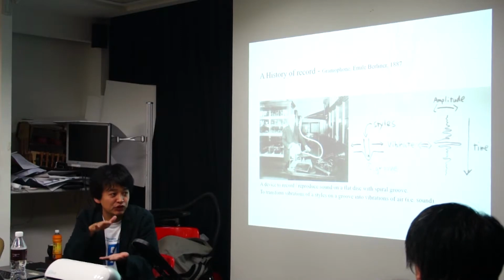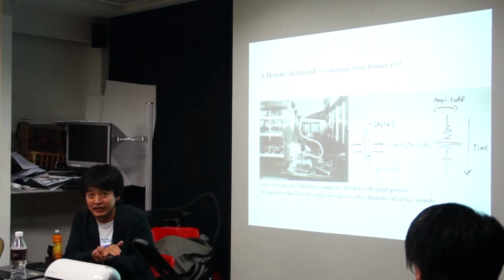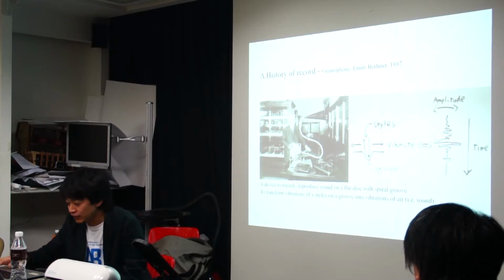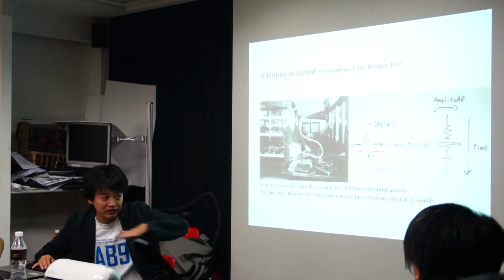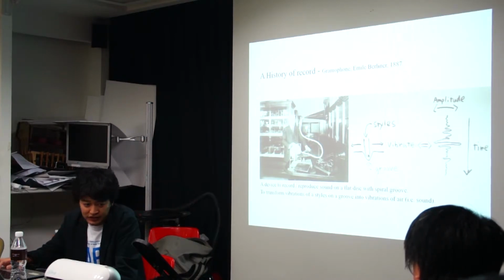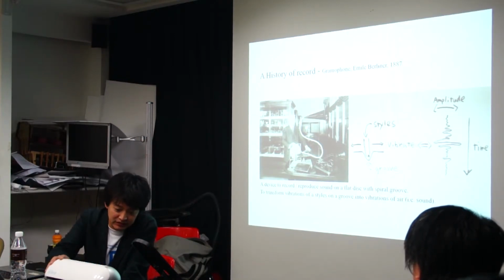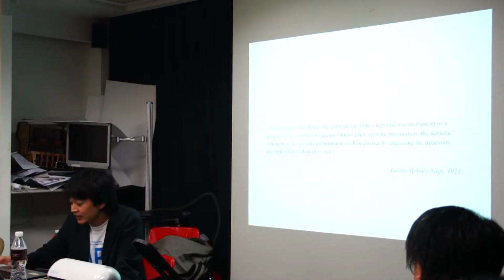Then you could easily reproduce the sound in an engineering way with a metal cast. Basically, we just follow his way, but instead of a cast, we use this vinyl cutter, or laser cutter.